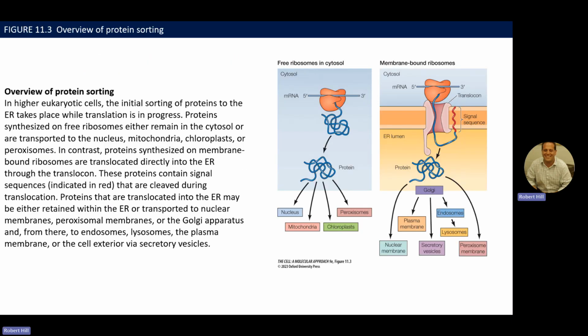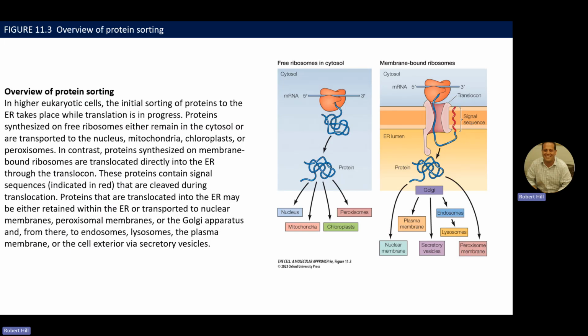All right, so this just sums up what that previous slide talked about. So proteins that are made on free cytosolic ribosomes, their fate is going to be the nucleus, the mito, the chloroplast, or peroxisomes. The ones that are performing co-translational targeting, okay, you can see right there, the ribosome is associating with the ER membrane, and the protein is ultimately getting into the lumen of the ER.